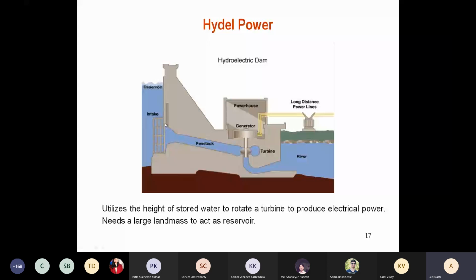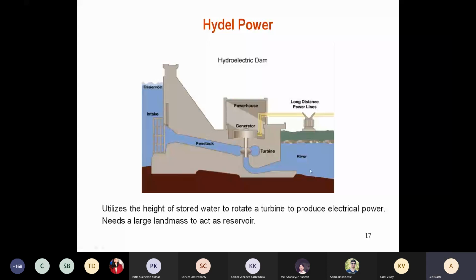By controlling the intake gates, they control the flow of the water through the penstock. It rotates the turbine which is connected to the generator, and the power is taken out through long distance lines. And this water continues out of the dam in the form of some river.